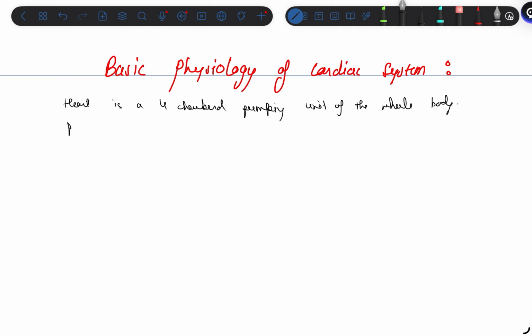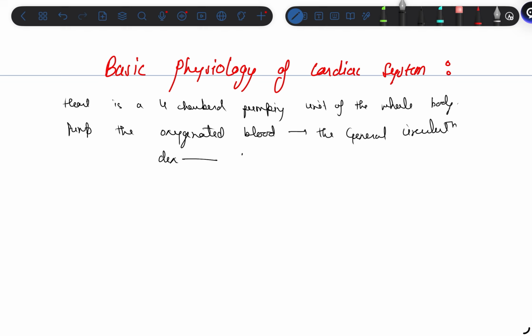It pumps the oxygenated blood to the general circulation and deoxygenated blood to the pulmonary circulation for purification.